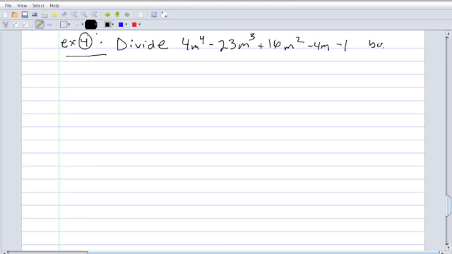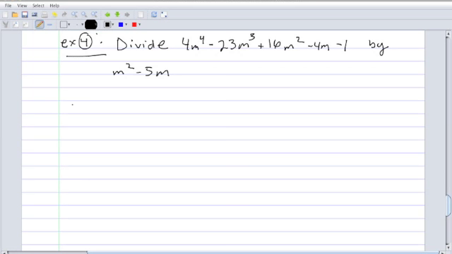Divide that by m squared minus 5m. Okay. Are we missing any exponents? It goes 4, 3, 2, 1, 0. So we're not missing any exponents.